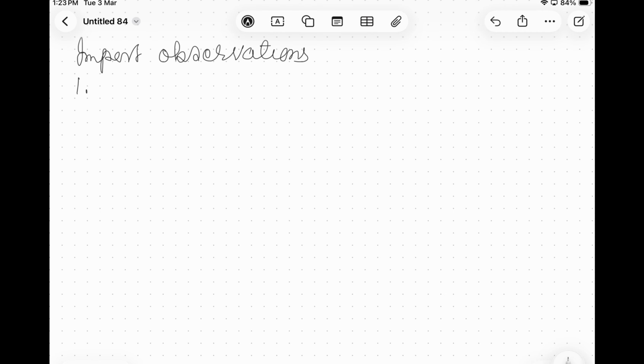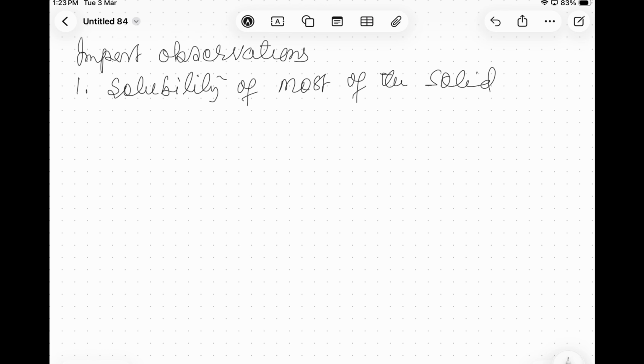Number one, most solid solubility curves slope upward.